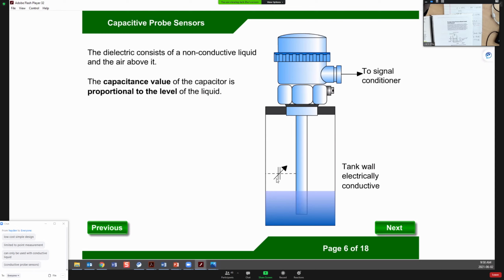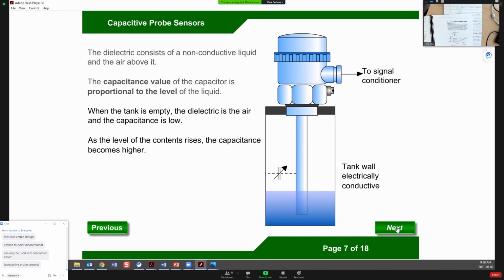So that's the K value in the formula we talked about before: capacitance equals K times A over D. When the tank is empty, the dielectric is air and the capacitance is low. When the level of the liquid rises, the capacitance becomes high.